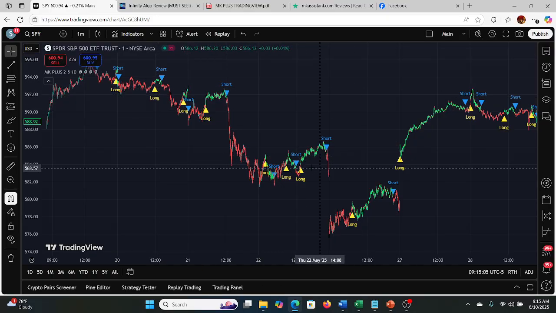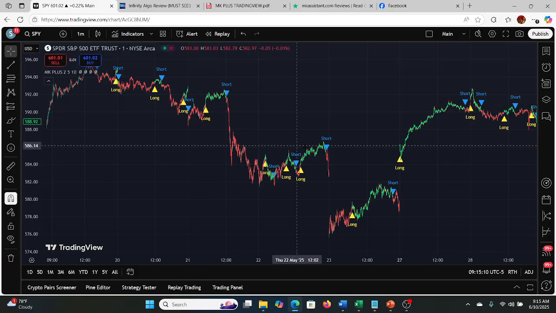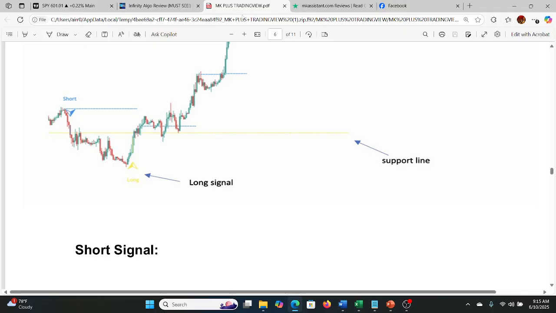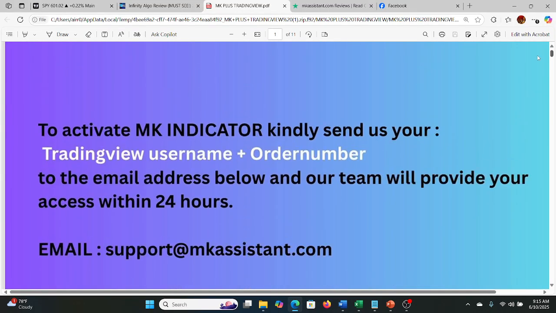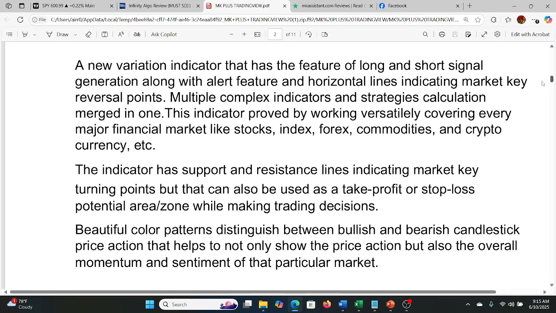So you have a mixture: half the time the signals are really, really good and accurate, and then half the time you'd be chopping in and out, chopping in and out. Now bear in mind this isn't the end of the world, because one of the rules they talk about in their little booklet is how to do a little bit of management.